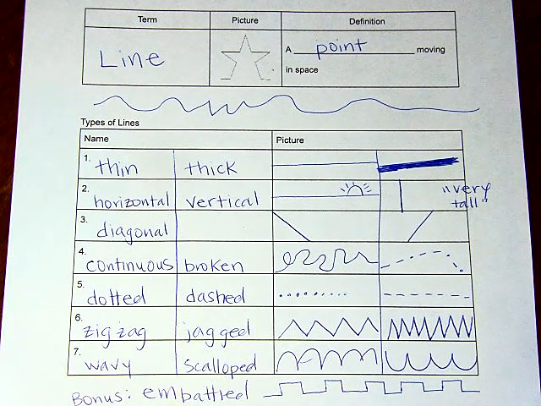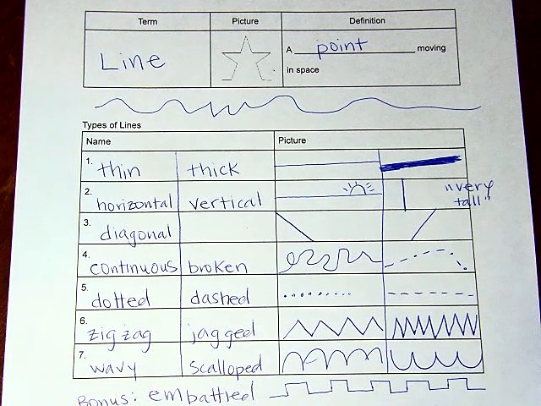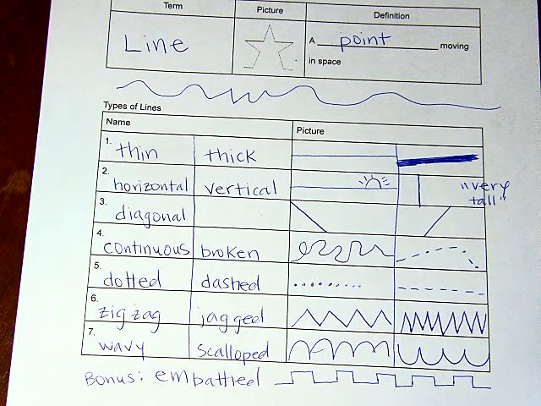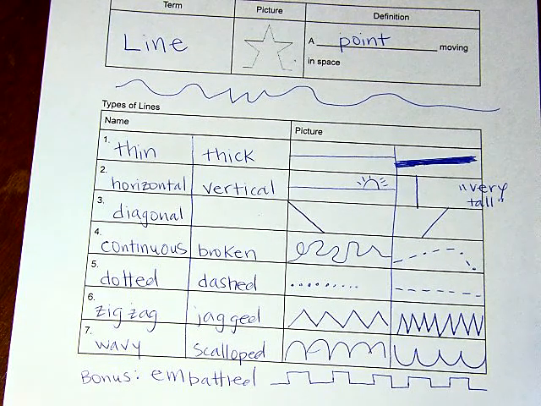Which of these lines looks like it might be used in battle? Well, the top of a castle is like this so that people can stand here, shoot their bow and arrow, and then hide behind this so that they don't get shot when they're reloading. So these are lots of different kinds of lines. There's even more than this, but these are just a few that I want to make sure that you know for our line unit.